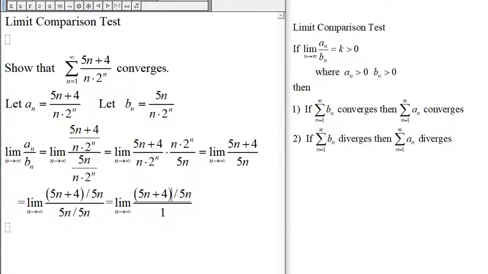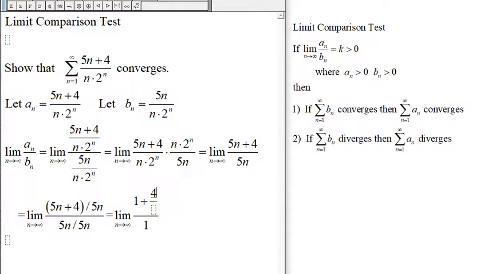So this would be 1. And then 5n divided by 5n is 1. And then we have 4 divided by 5n. And as n approaches infinity, 4 divided by 5n approaches 0.